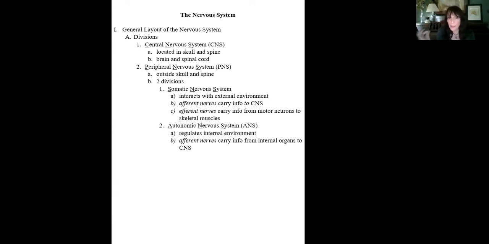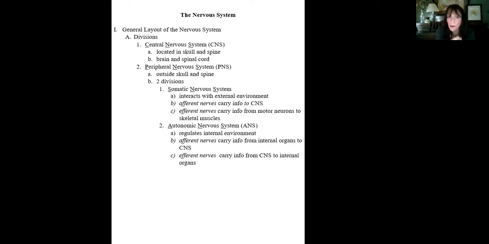So the autonomic nervous system, or ANS, is the other division of the PNS. And this division regulates the internal environment. We need to get information from our internal environment, from our organs and tissues to our central nervous system, okay? So think about this as a loop within your own body, and it's not reaching out to the external environment.